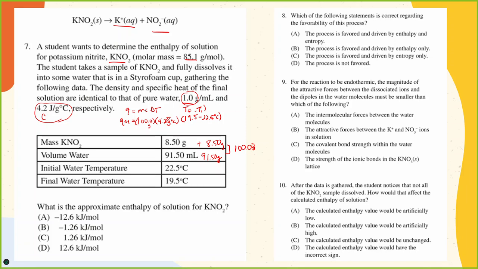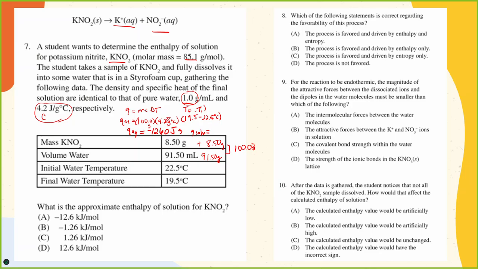So I'm getting Q is negative 1260 joules. Okay, and to do Q solution, we usually change the sign. Because this is from the surroundings' perspective, the surroundings are getting colder, that means the system's getting warmer.